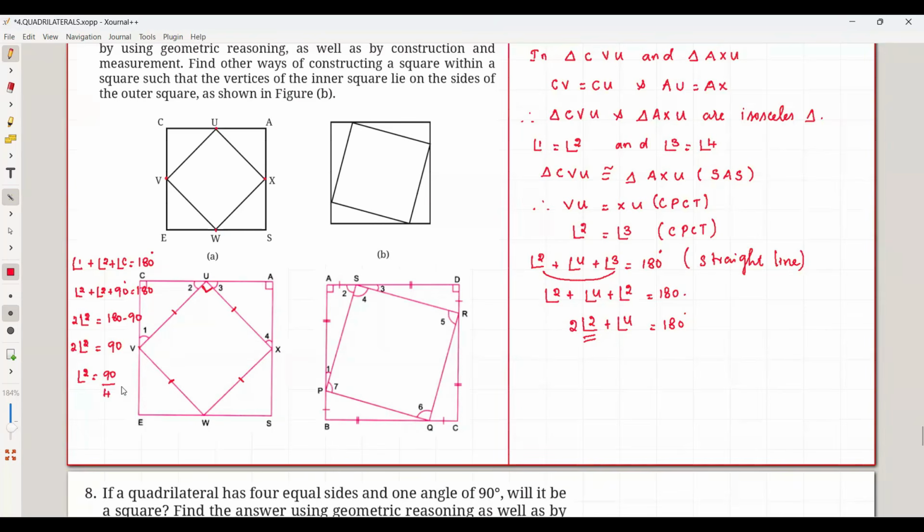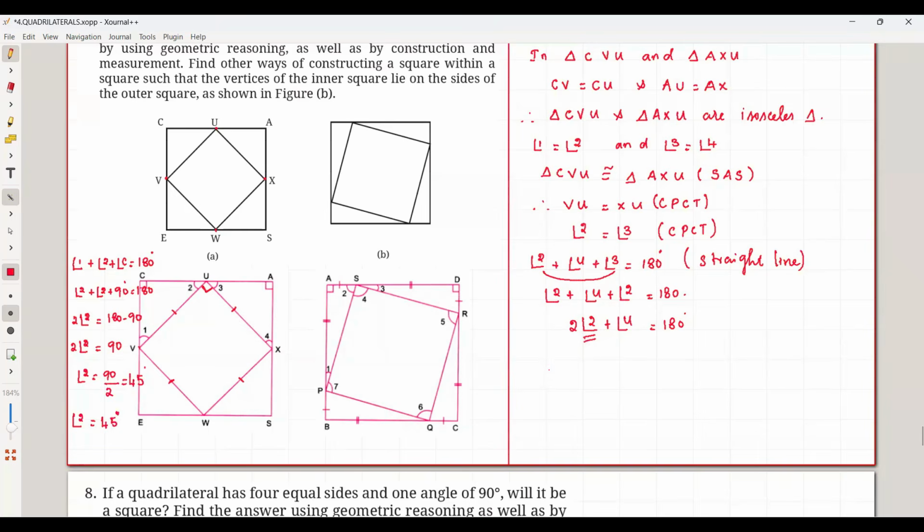If you take this 2 to this side, multiplication becomes division. So we get 45. So angle 2 is equal to 45.